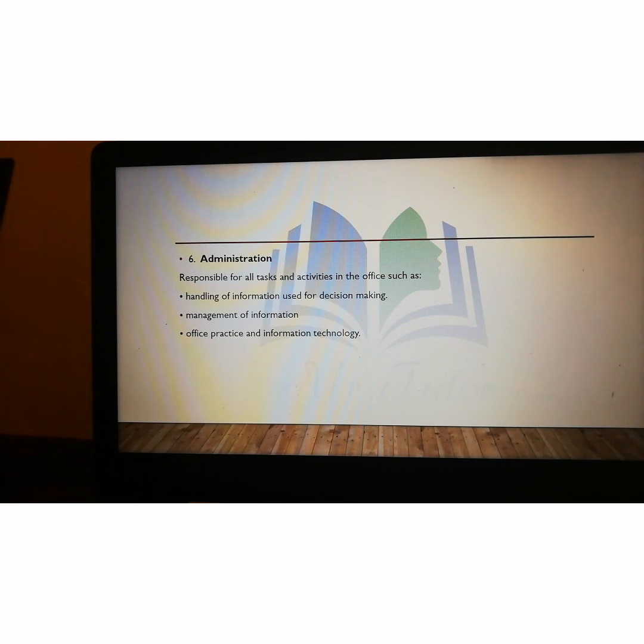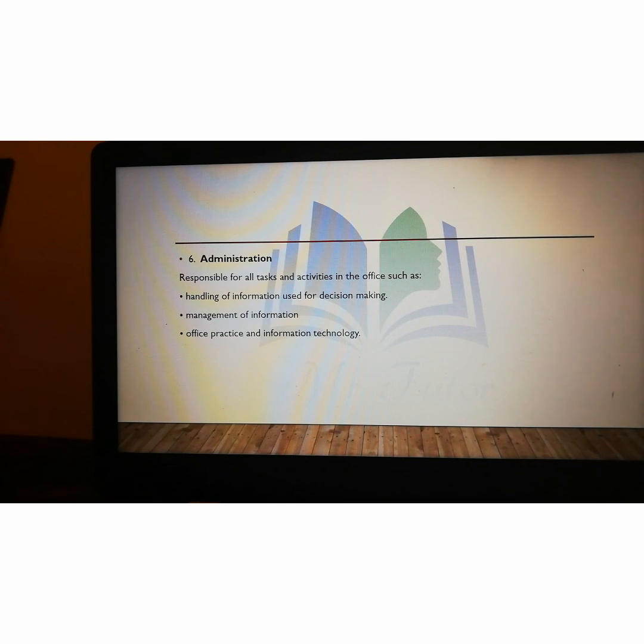Now, this function is also there for the management of information. Whatever information the business will produce, it's important for this administration function to ensure that the management of that information is accurate.